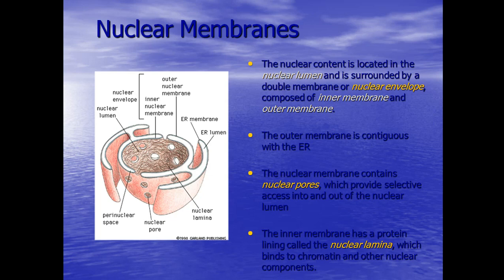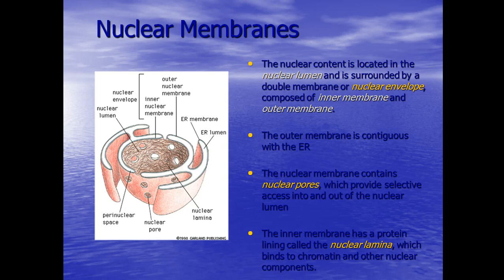So, the nucleus contents are located in the nuclear lumen, and this is surrounded by a double membrane, that is the nuclear envelope, which consists of the outer membrane as well as the inner membrane.